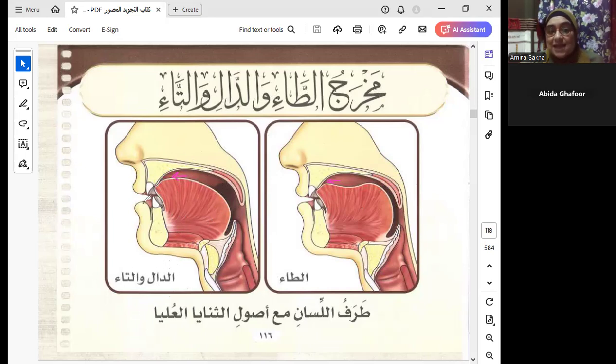Especially since dal and ta share the same articulation point, there is no difference in shape, so pay attention. The main difference between them is that ta is a voiceless letter, harfun mahmus, while dal is harfun majhur, voiced.